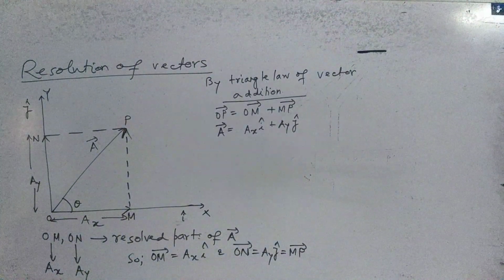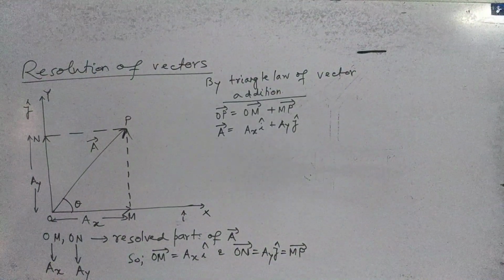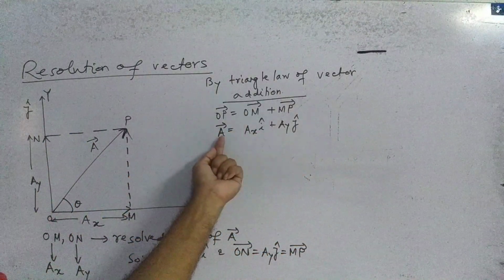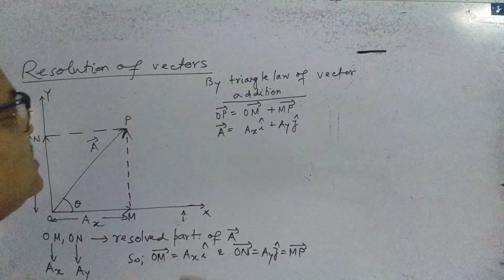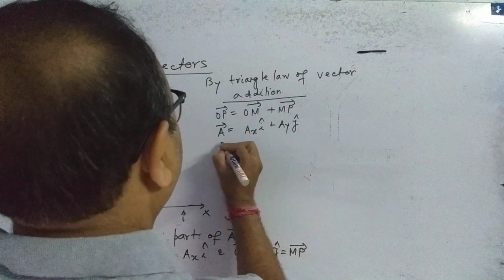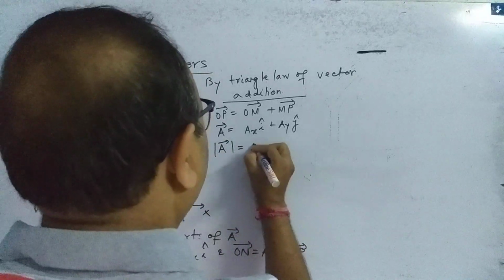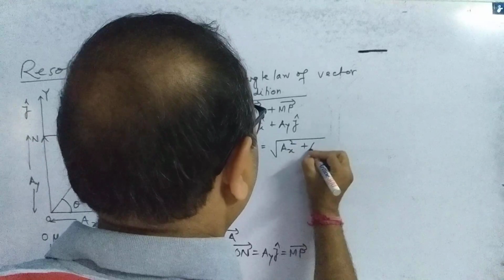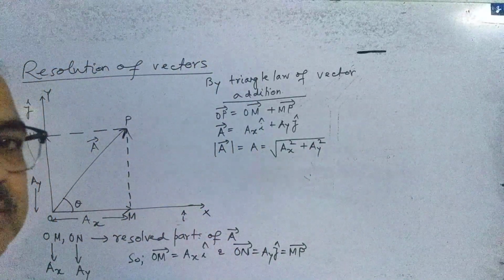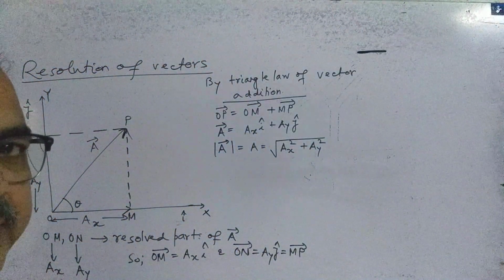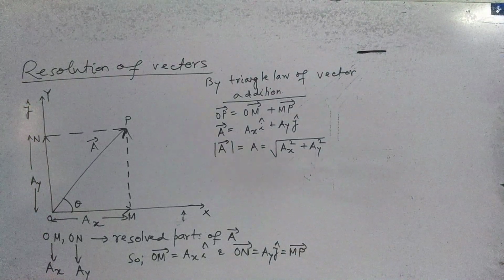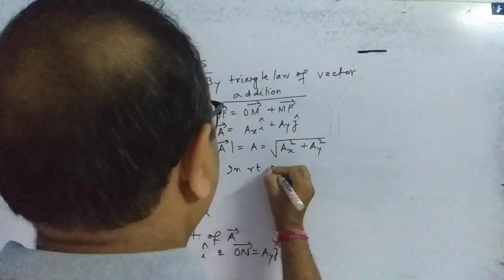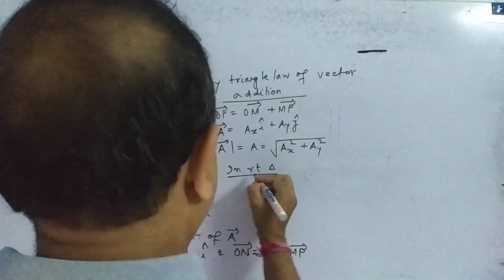This is the vectorial representation. If I want to find its magnitude, how much will it be? The magnitude of A vector, or A, should be equal to root AX square plus AY square. Very clear?